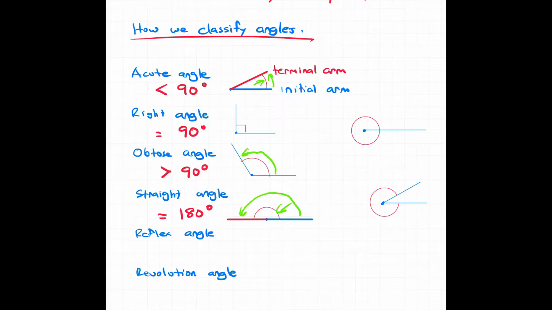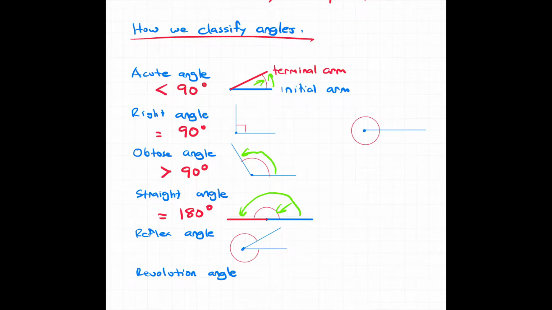Okay, the fourth one is called a reflex angle, and that's basically the one we see right here that looks like it's on the inside, it's an acute angle, but instead of measuring the angle on the inside, we're measuring it on the outside right there. So that is a reflex angle.